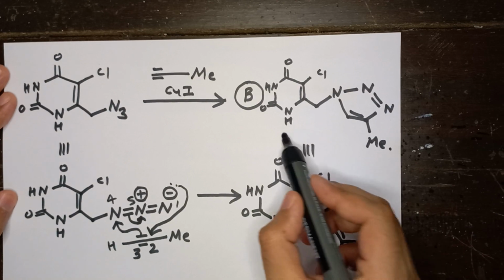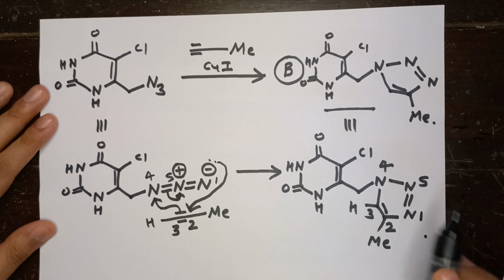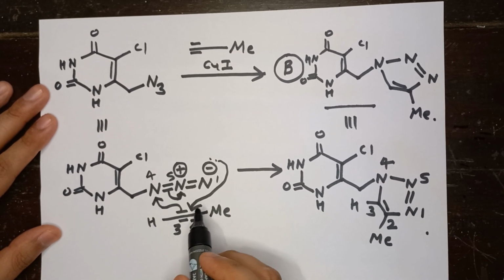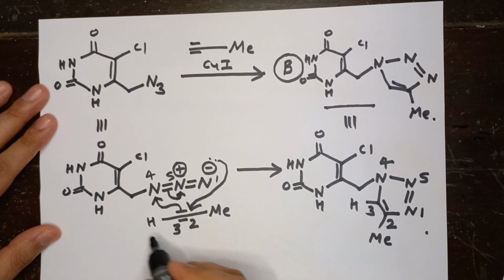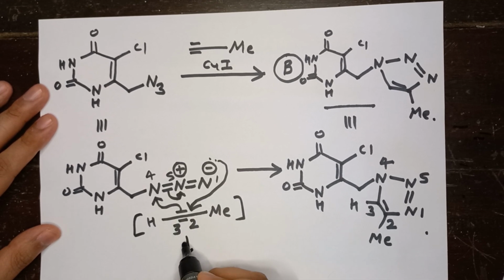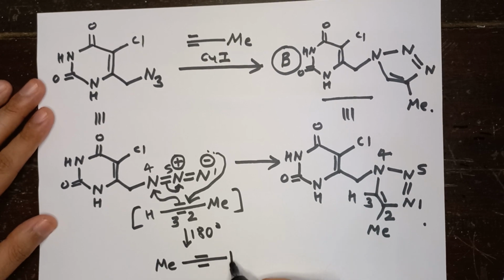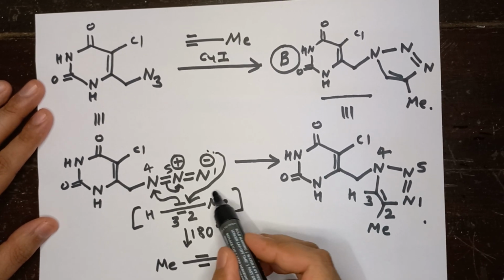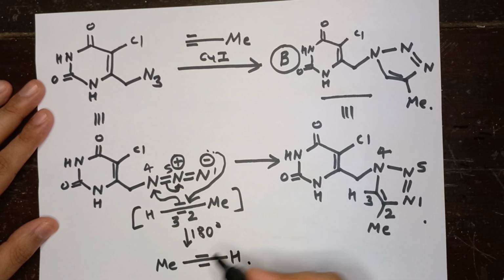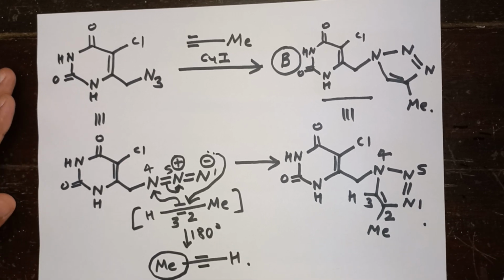Okay, so this is the product for this reaction. Okay, so here the alkyne part, which is a linear part, has approached the azide part in this particular fashion. Now alkyne is a linear molecule. It can do 180-degree flip and it can approach the azide ion in this particular orientation as well. So here we have methyl in the right side, but the alkyne can approach the azide molecule in such a way that the methyl can be in left side. So let's go ahead and draw the another possible product.